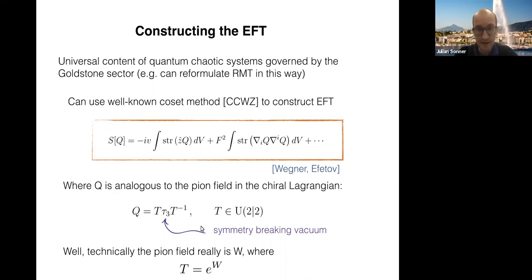Then this T generates the full Goldstone manifold, and T we would write as e to the W in high energy physics, and we would call W the pion field. So you could rewrite this as pretty much literally what you know as the pion effective Lagrangian. And I want to point out one more ingredient, which is this leading term here, which is something like a pion mass term.